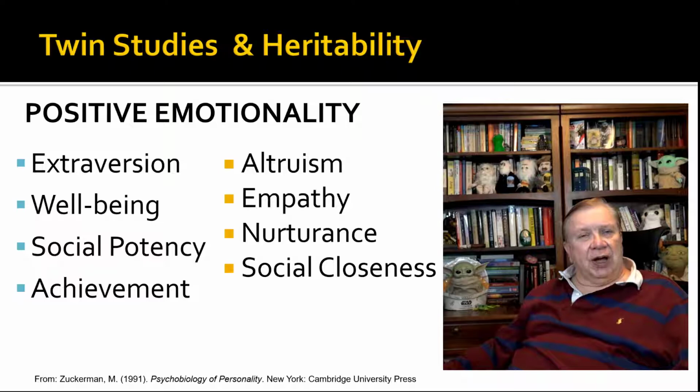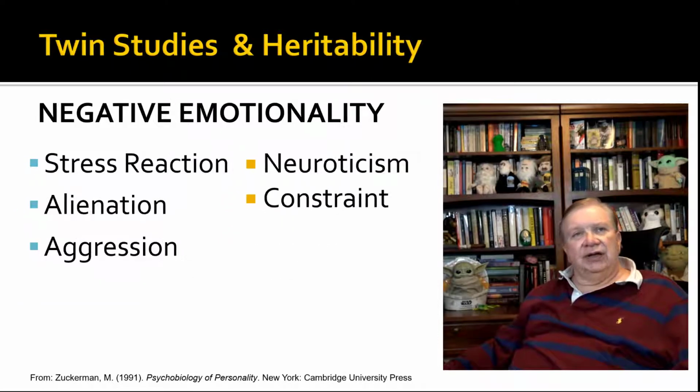The first is positive emotionality. And you can see it's things like extroversion, well-being, social potency, nurturance, empathy, stuff like that. Negative emotionality is marked by stress reactions, alienation, neuroticism, things like that.